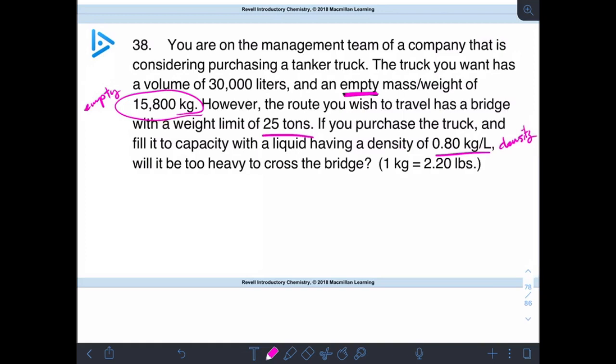Okay, so we're going to use density to figure out how much the truck weighs. What is the weight of 30,000 liters with this density? And then we have to add it to the weight of the truck. So the first question is how much does the liquid weigh?